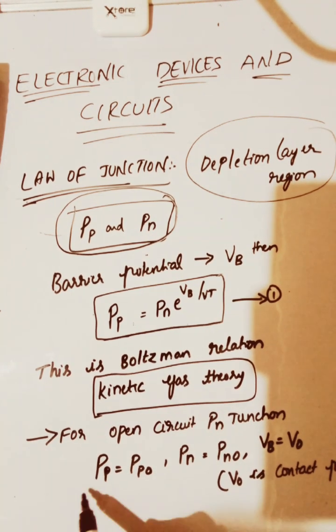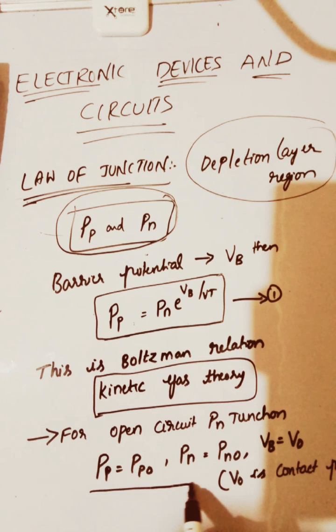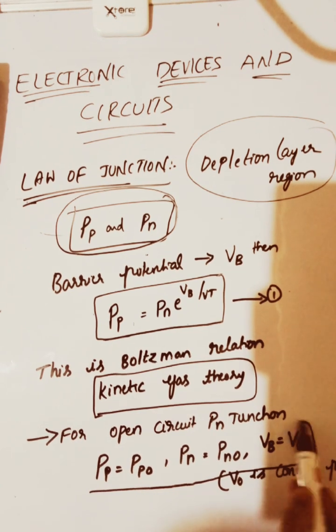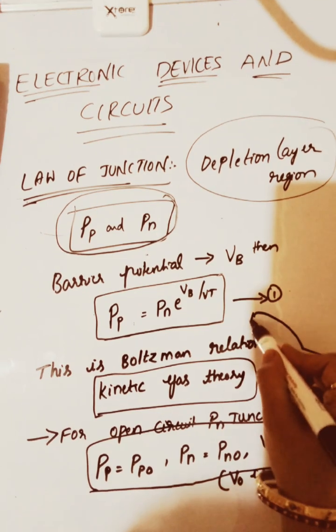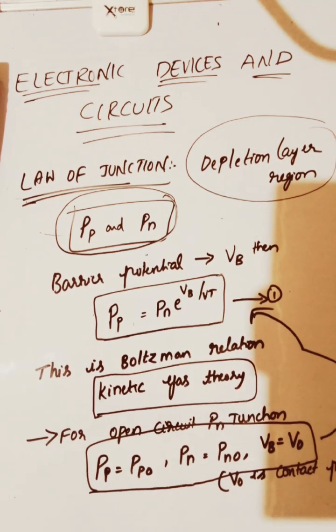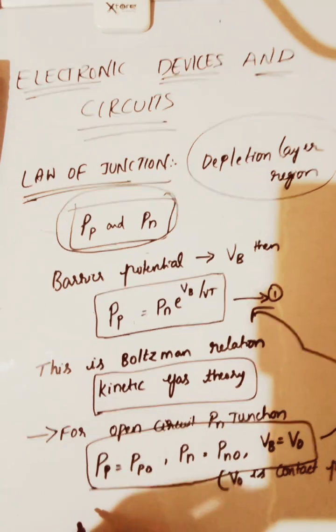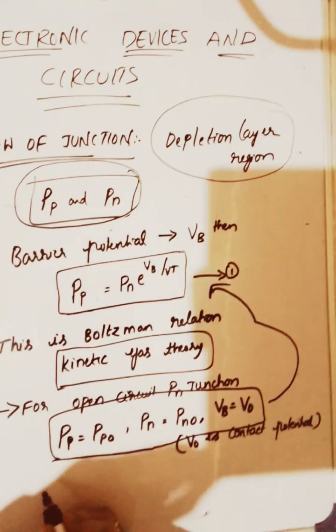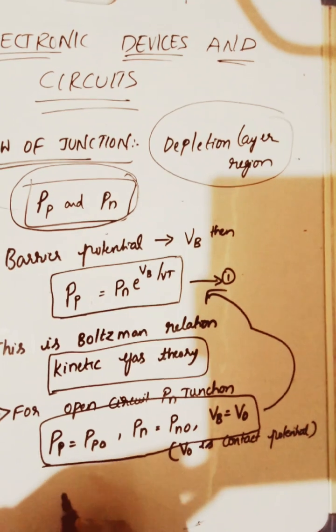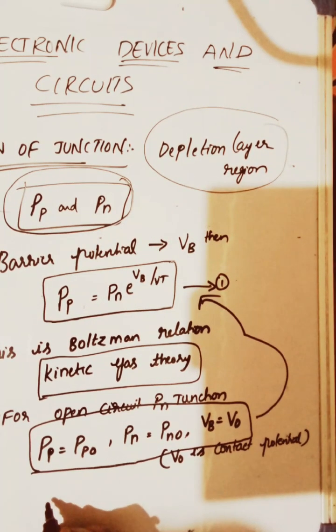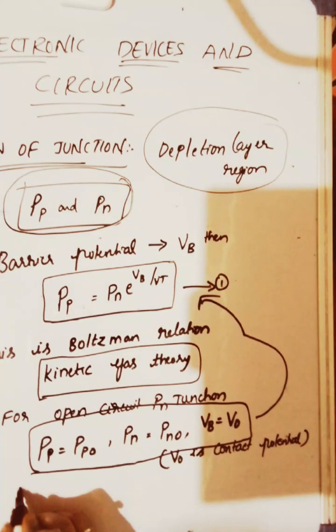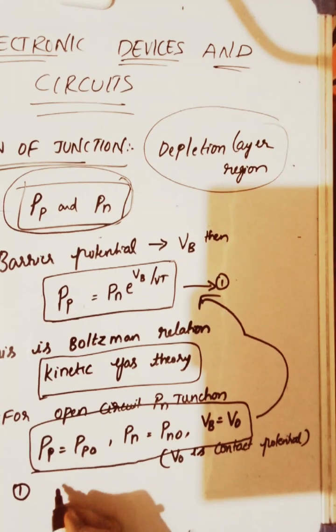Now substituting PP equal to PP naught, PN equal to PN naught, and VB equal to V naught in equation 1, what will we get?